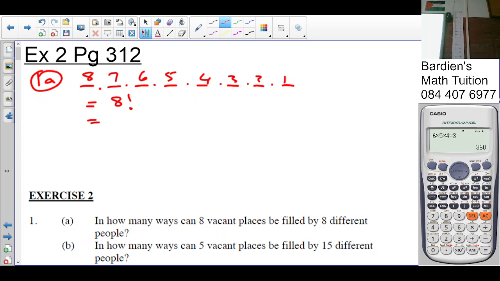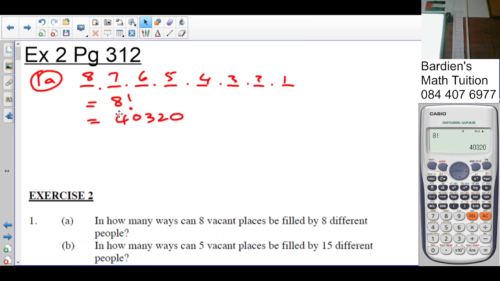Why is it going down? Because if I choose 1 for the first place, I only have 7 people left to choose from for the next spot. So it's 8 factorial, which gives you 40,320.